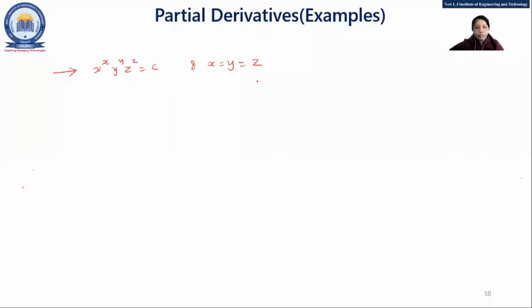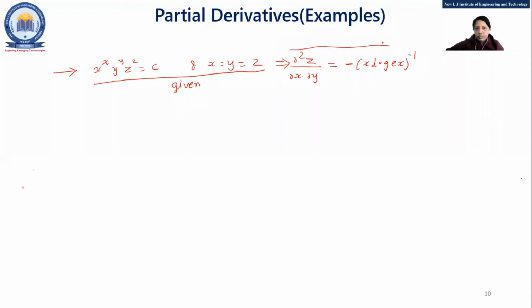Now what you need to prove is that del square z upon del x into del y equals minus x log e x raised to minus 1. This is given, and I need to prove this.